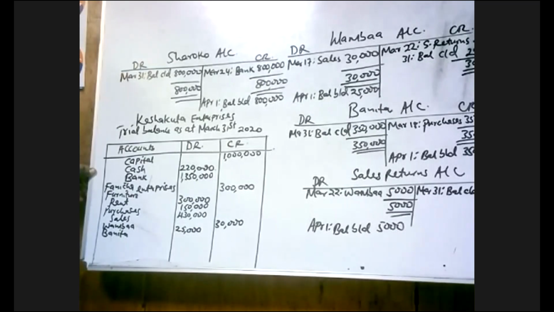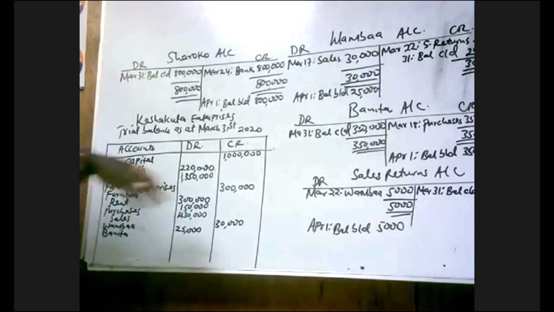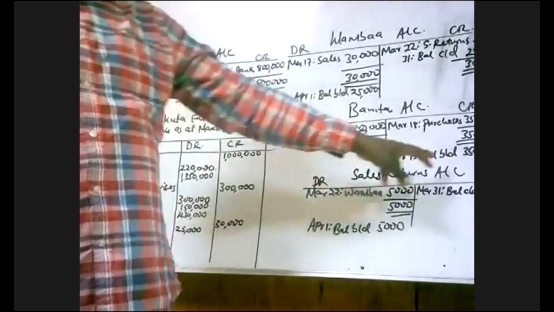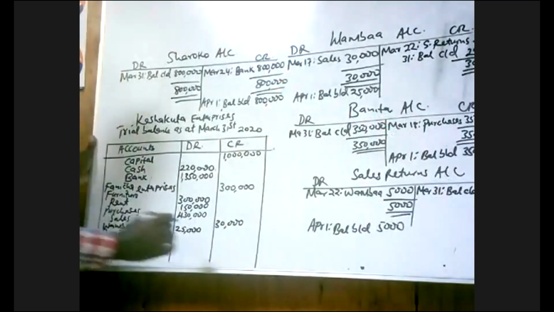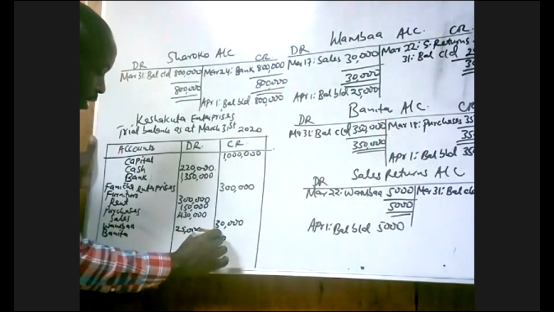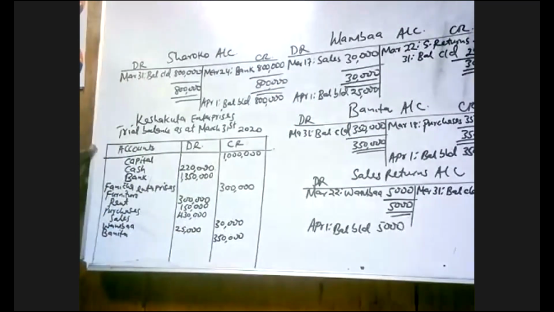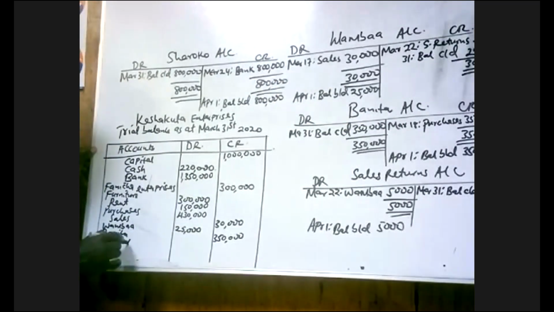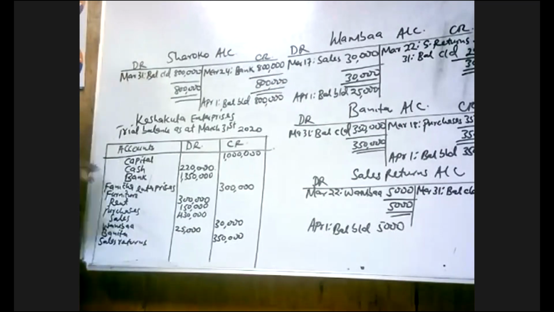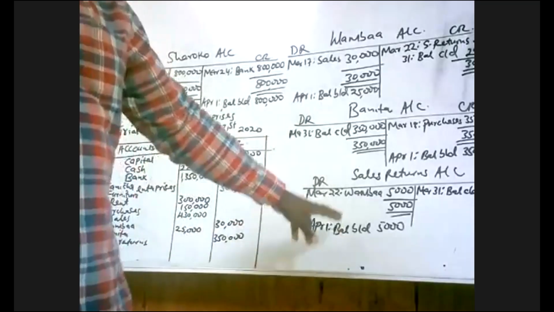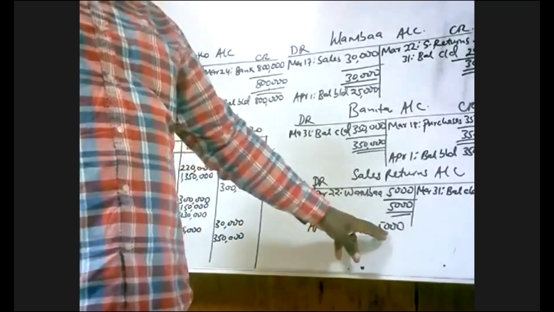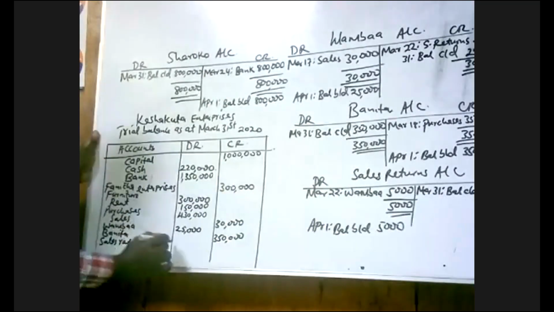The balance brought down is 350,000 on the credit. Then we have got sales returns, which was having a debit balance. Sales returns account, debit balance of 5,000.